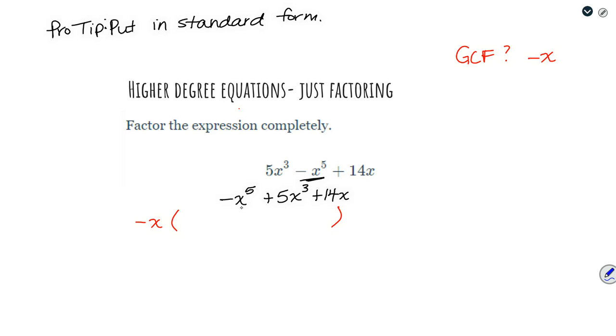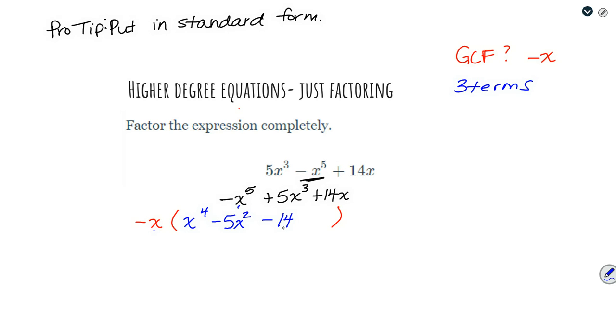If you divide negative x to the fifth by negative x, I'll be left with positive x to the fourth. 5x cubed divided by negative x is negative 5x squared. And then 14x divided by negative x is negative 14. Then if I want to double check, if you distribute negative x to all three of these, I should have the line above.